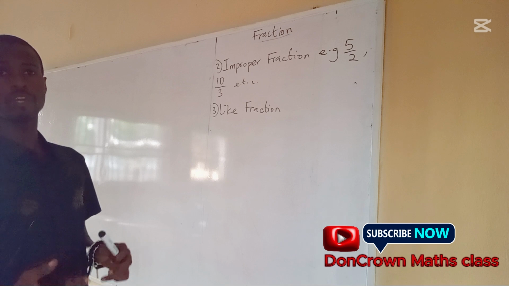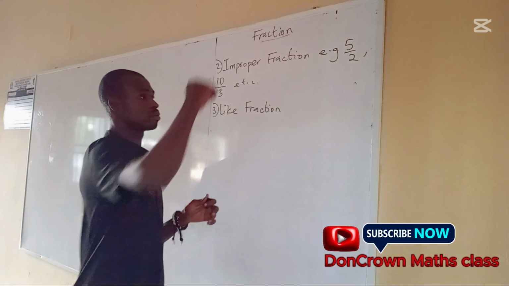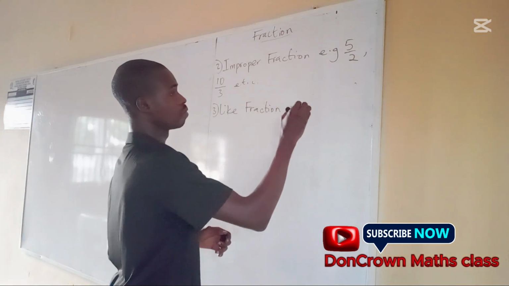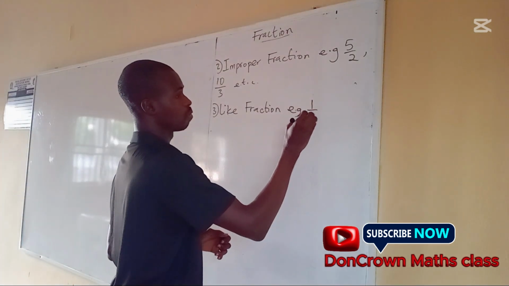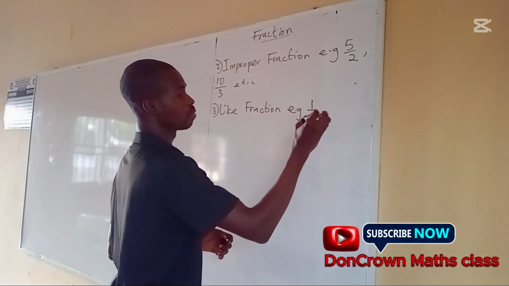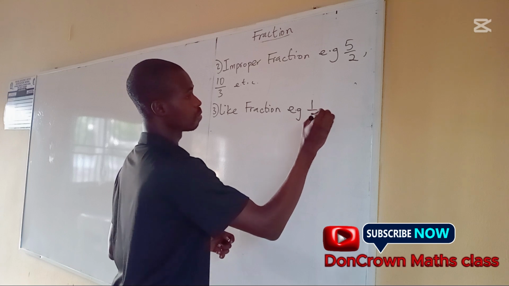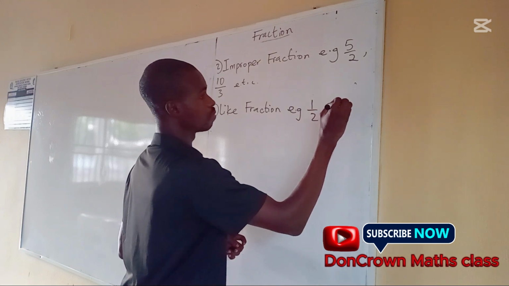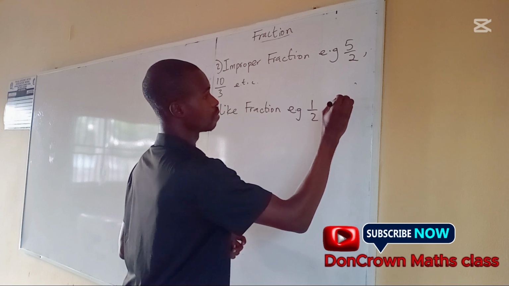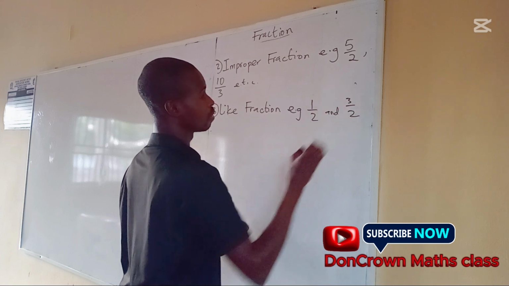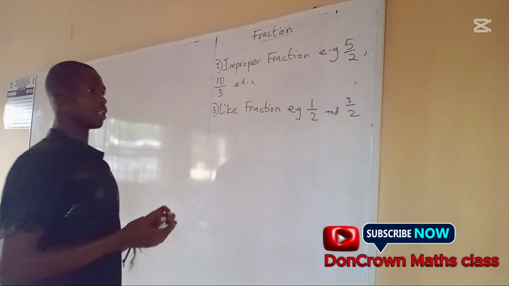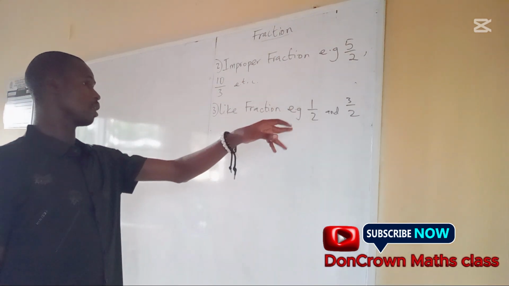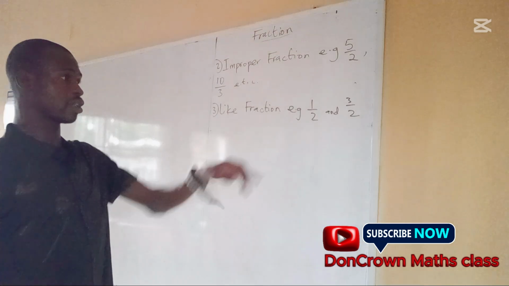For example, we have 1/2 and 3/2. You can see that the two denominators are the same, so they are like fractions.